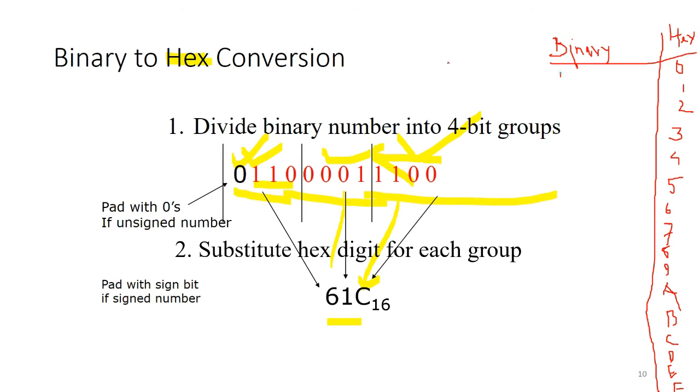So 0 has the equivalent of 0000. What about 1? 1 can be written as 1, and it should be paired with 3 zeros on the left. What about 2? 2 is equivalent to 10, and 2 zeros should be paired here. What about 3? 3 is 11, and 2 zeros we have to pair here.